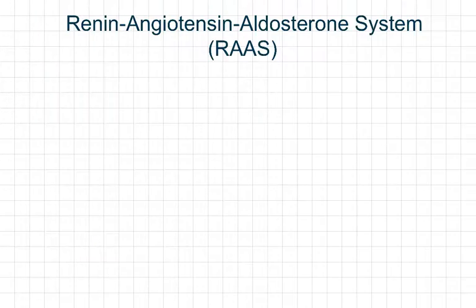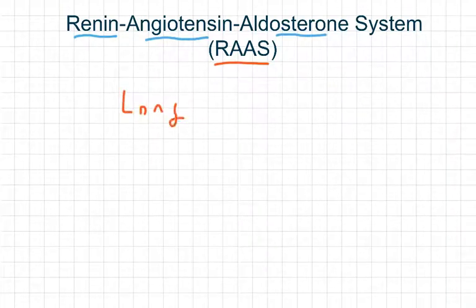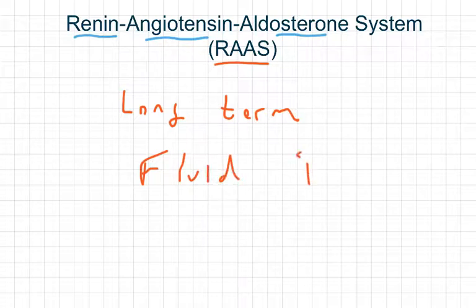So when we discuss aldosterone, we need to speak about it in conjunction with a couple of other hormones. And these hormones are renin and angiotensinogen. And these 3 hormones make up the RAAS system. And so what the RAAS system is, is the body's long-term system to regulate fluid balance and blood pressure.